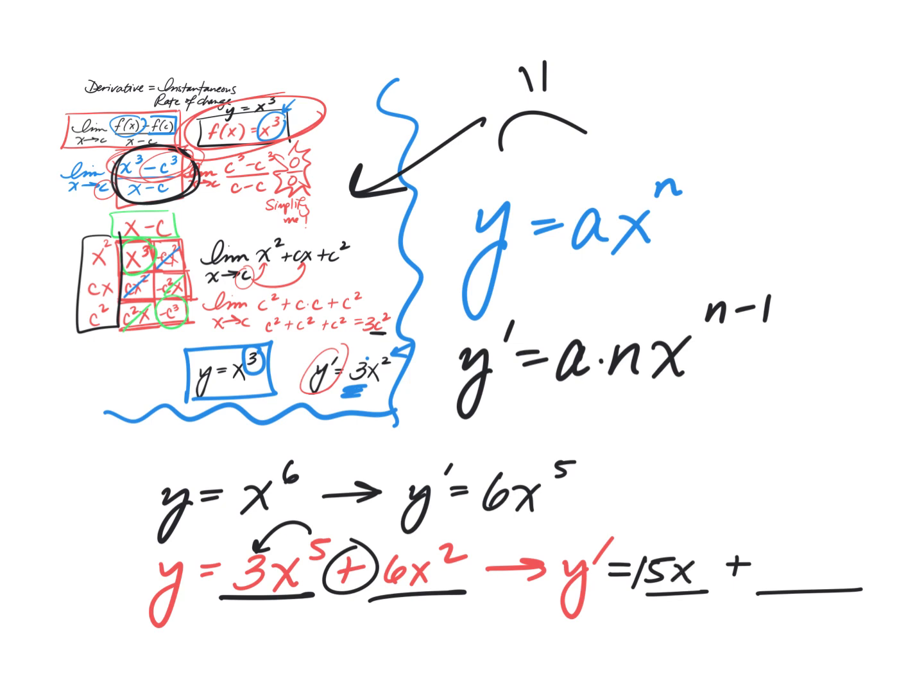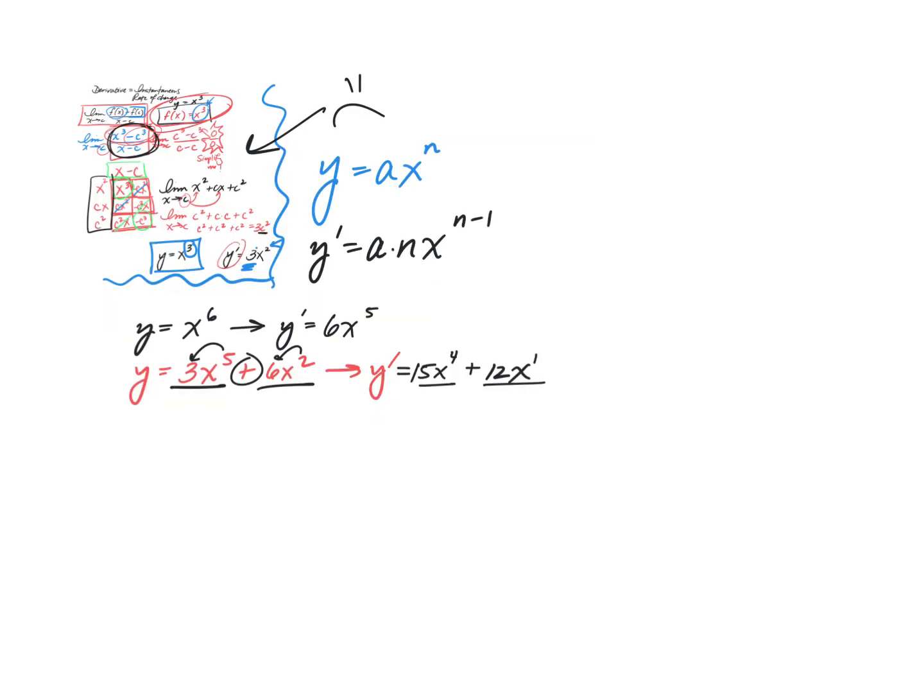I go to one less power, gets me to 4. So the derivative of 3x to the 5th is 15x to the 4th. Next one, I've got 6x squared. I bring the power down and multiply. That gives me 12. I go to one less power. That gets me to x to the 1st. But because it's the first power, I don't actually have to write that one there. I can, I don't have to. Right.